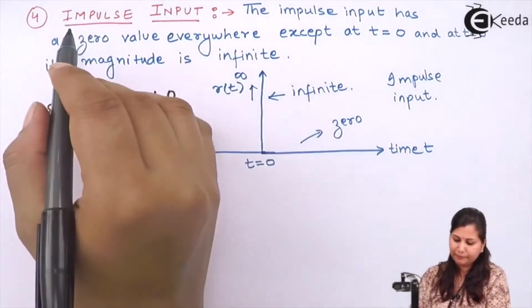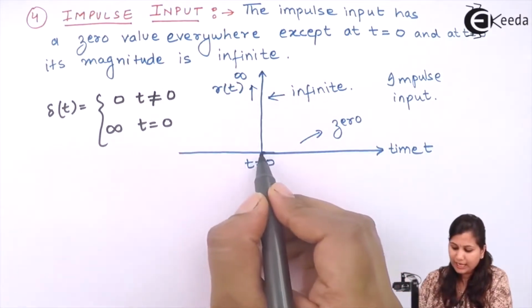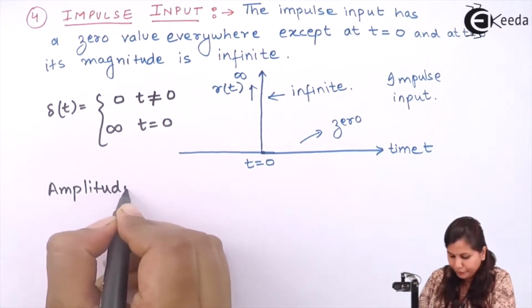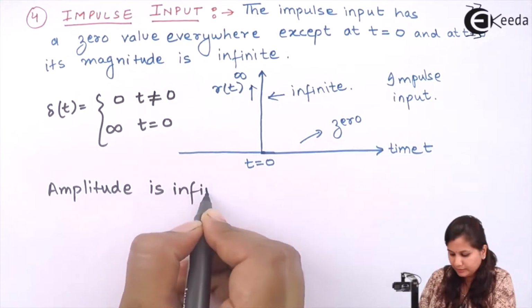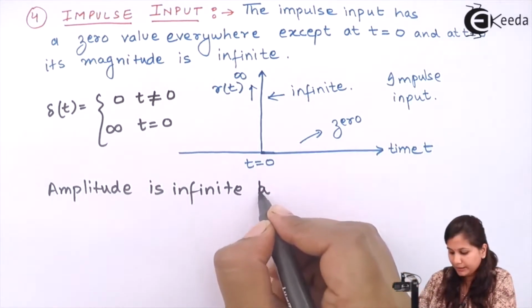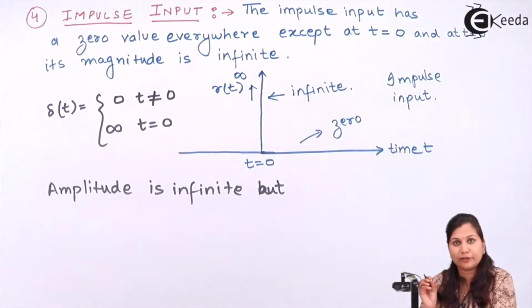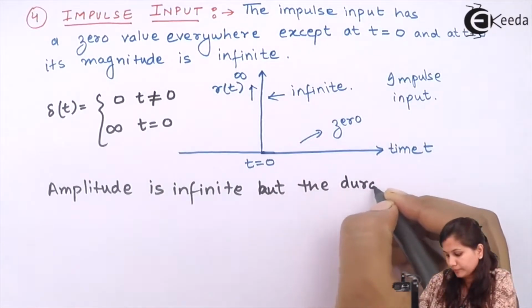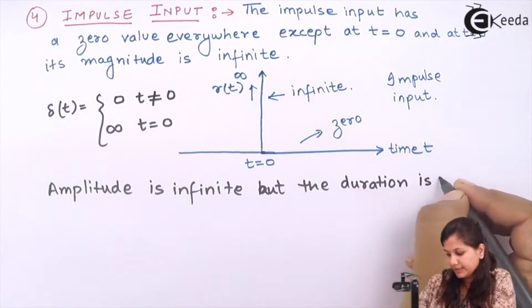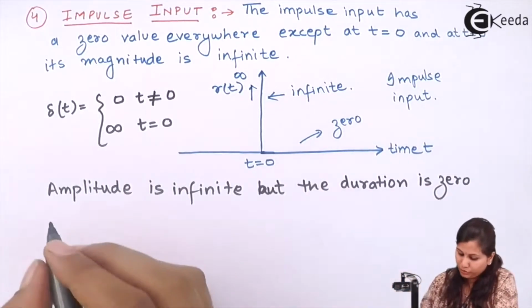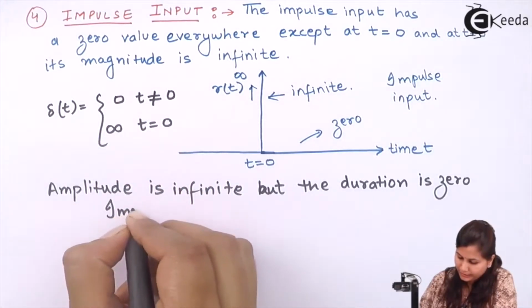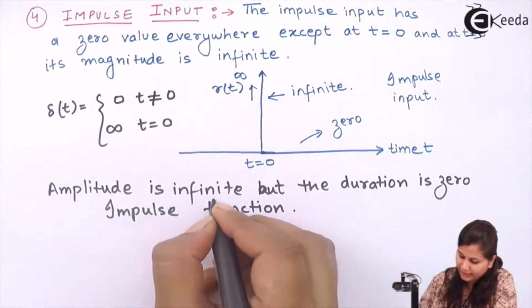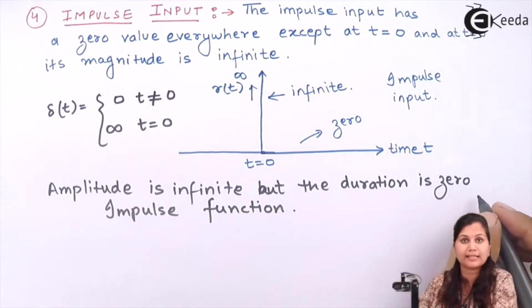Now we know that the impulse input has infinite amplitude, but its duration is 0. This type of function is called an impulse function, a function which has infinite amplitude but zero duration.